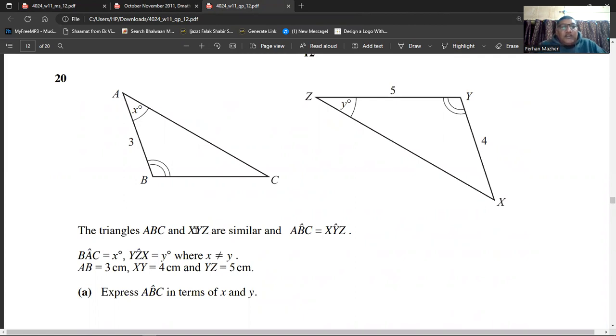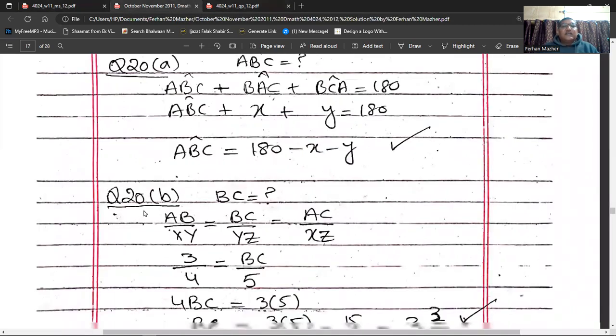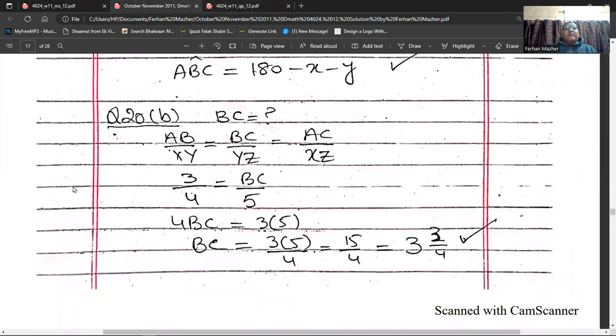So AB divided by XY equals BC divided by YZ equals AC divided by XZ. From the names, I can write these fractions because they are similar.